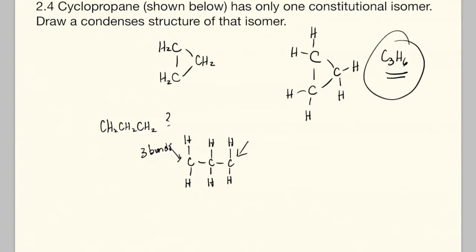If you just work off the formula here, and you just try to draw an isomer for this, you have 3 carbons and 6 hydrogens. So let's try to put in some hydrogens. 1, 2, 3, 4, maybe 5, 6.